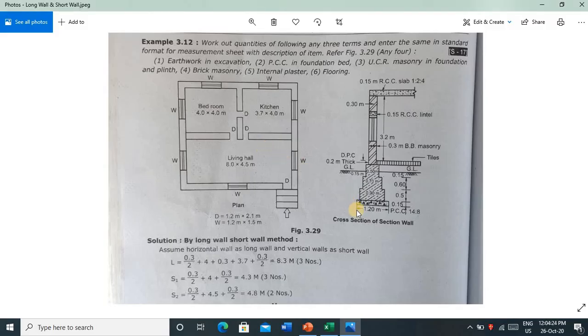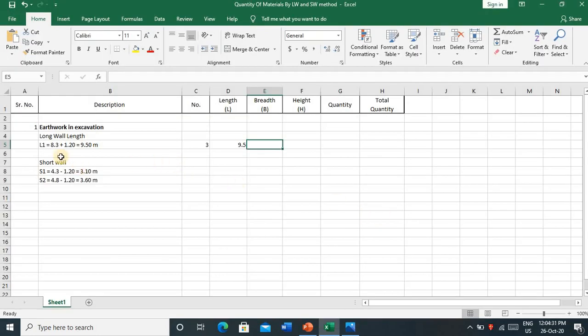You can see from the plan, see 1.20, or else another option is you have already considered here width of item which is 1.20. Okay, you have already considered this from the plan, so you don't need to go again to the plan and see what is the width. You can get it directly from here, 1.20.